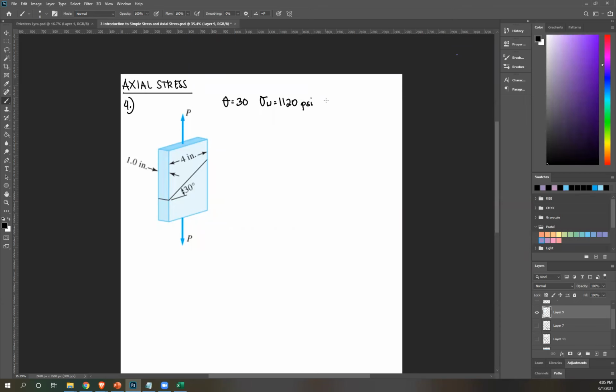Sigma G for normal stress for glue is 700. And then shear stress for glue. Another symbol for shear is tau, so I'll use tau. Tau for glue, G, is 450 psi.